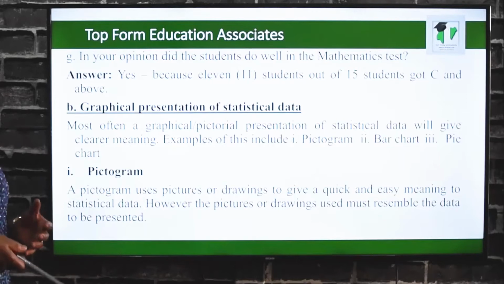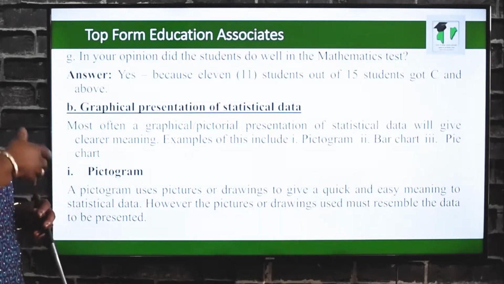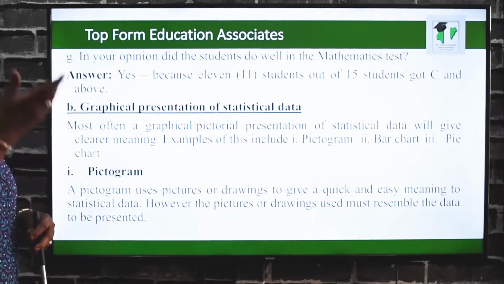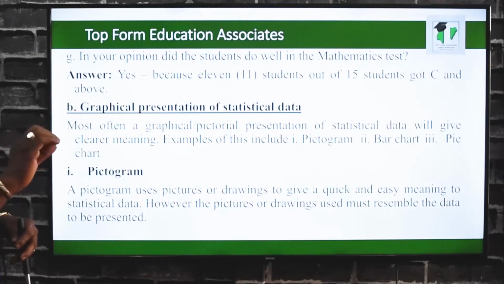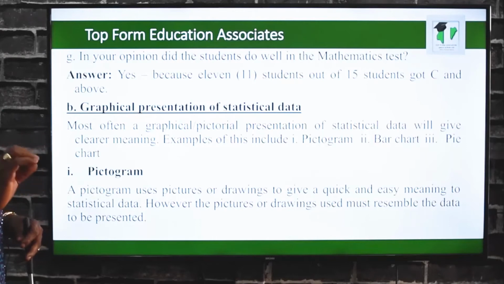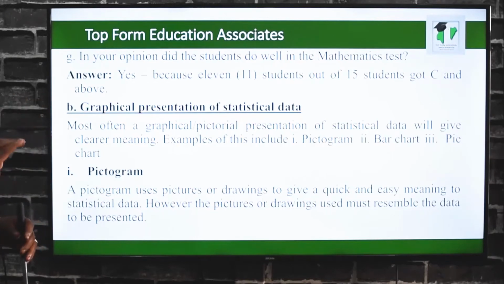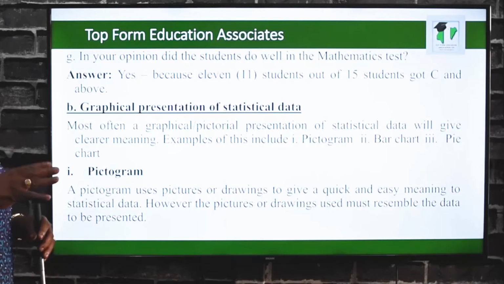If you are talking about trees, the statistical data you want to present is trees, and you begin to use pictures of a human being, or pictures of cars, or pictures of houses, it will not resemble the data you want to present.